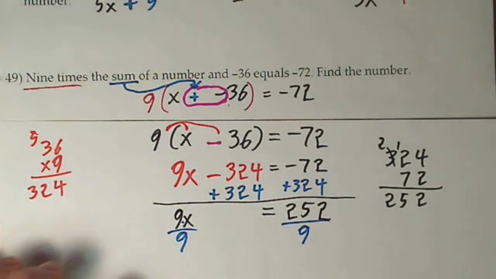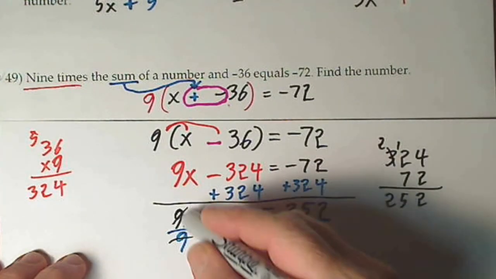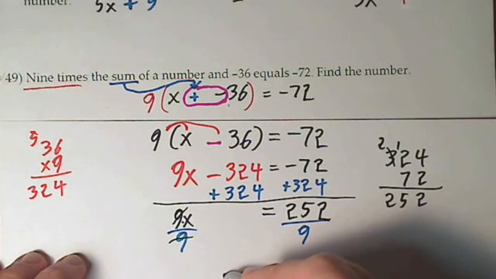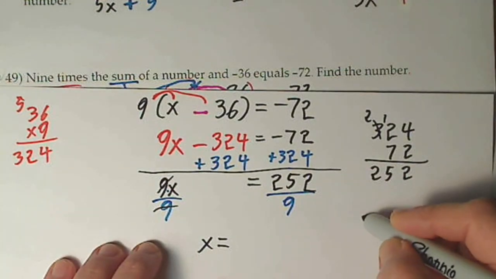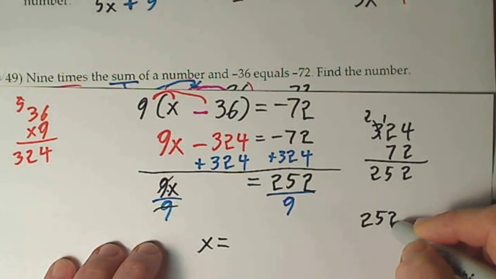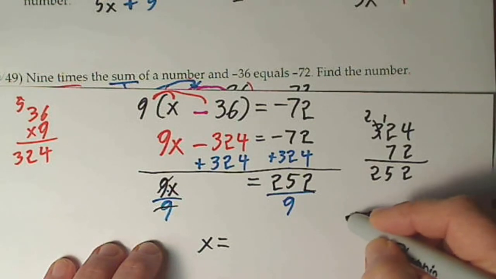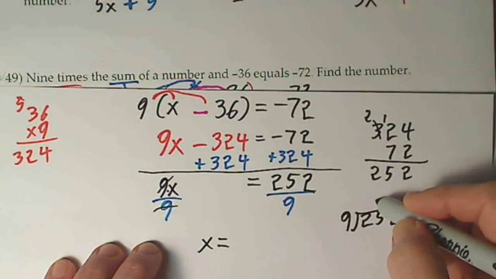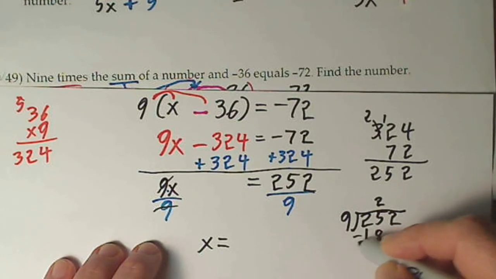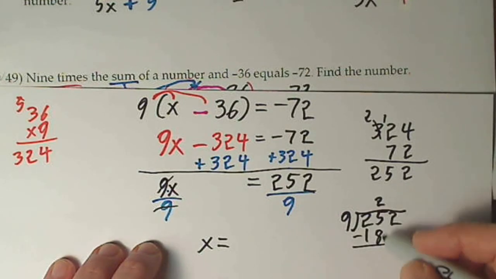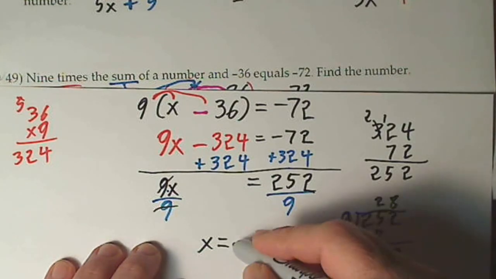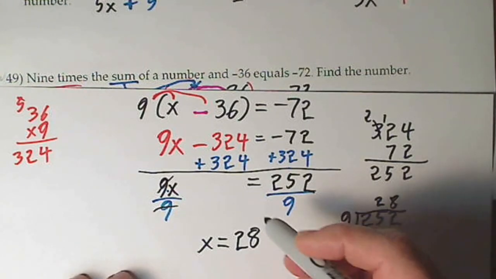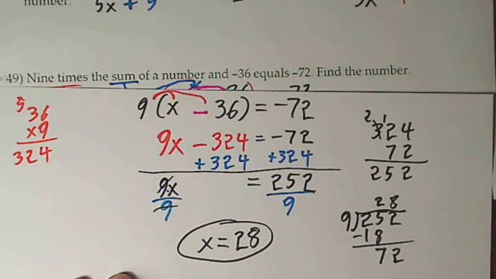And this cleans up, as always, very quickly. 9 goes into 9 once, and you have x equals, and I think 9 will go in there. So 252 divided by 9, it goes in twice. And then what do we get? 72. 9 times 8 is 72. So we figured out that x is 28.